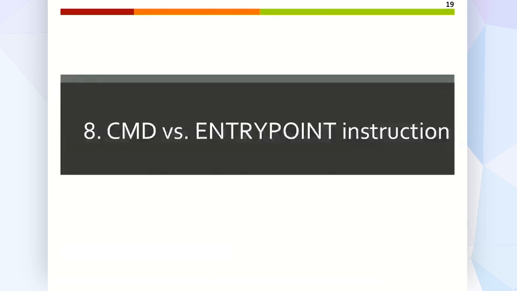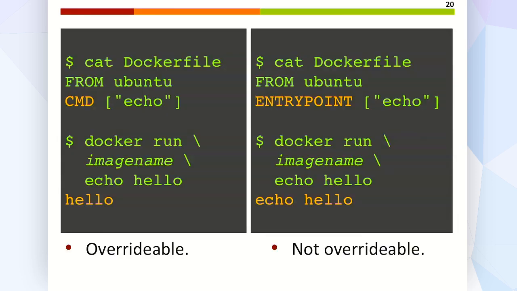Here's another point of confusion: command versus the entry point instruction. I won't go into all the details of how command and entry point are different and can be used separately and together. But if you use them separately, then in the first Docker file, it's using command echo.